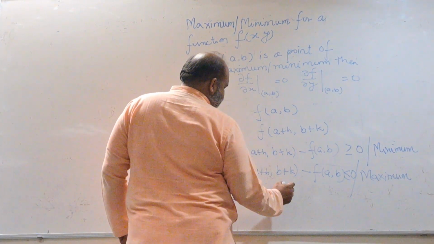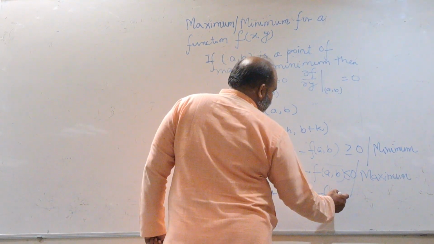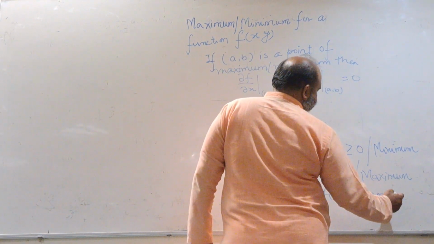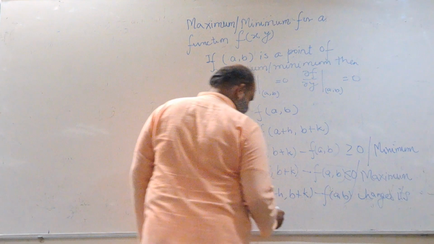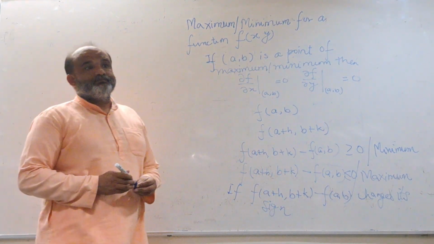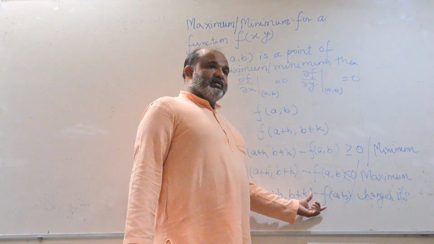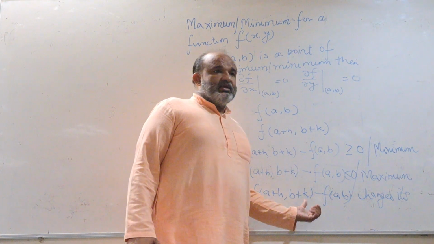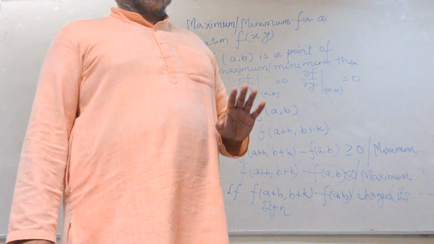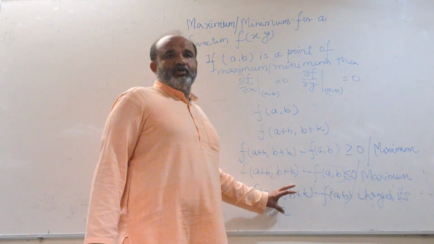So if f(a+h, b+k) minus f(a, b) changes its sign, that is a situation where you cannot find values of h and k such that this statement is false.